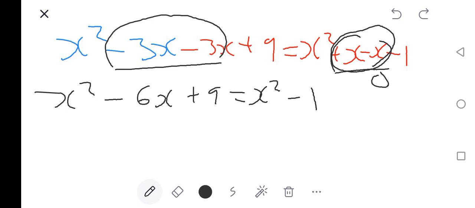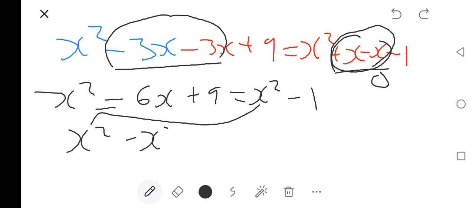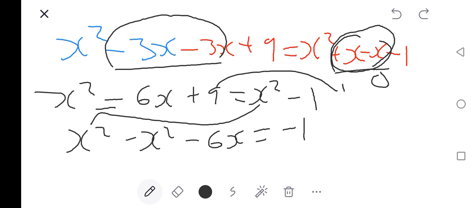Now here we can group the like terms together. This x will come this side. There's the x squared, so we're having x squared minus x squared minus 6x equals negative 1. The 9 can go to the other side, so it will give you negative 9.